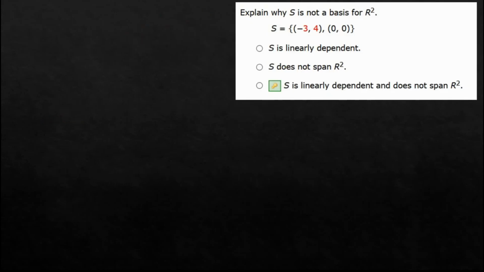So here, explain why S is not a basis for R2. Here's the reason why. Because they give us the origin, then I mean it is a point, but it's not a point in that sense in terms of structure. So for R2, we're looking for two vectors.